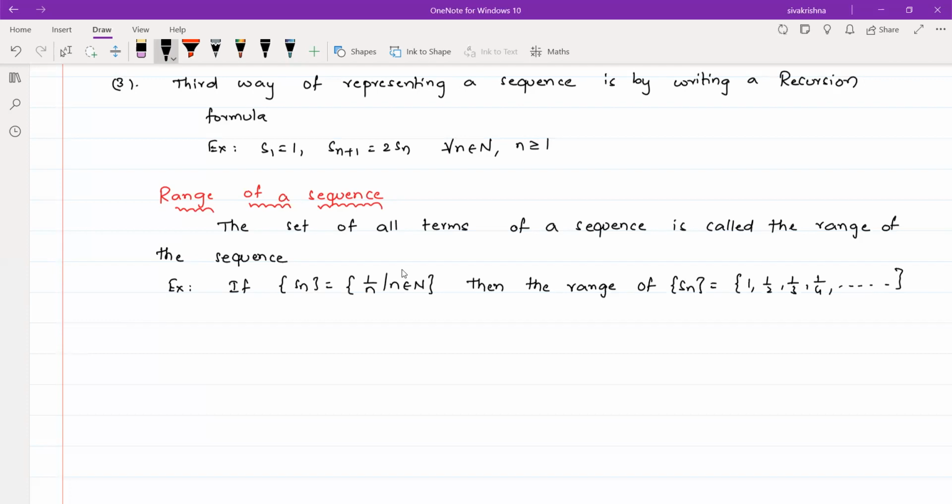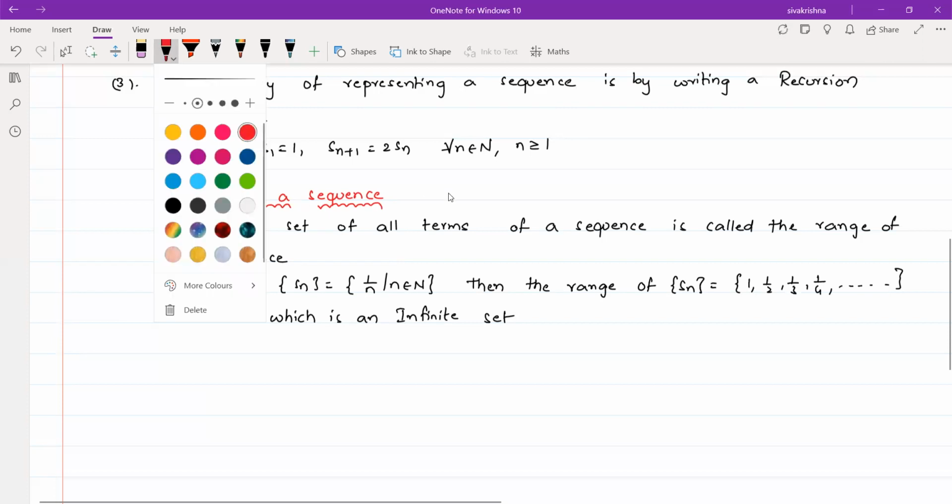The set of all the elements of the sequence is called the range of the sequence. Of course, this is an infinite set. That is the definition of range.